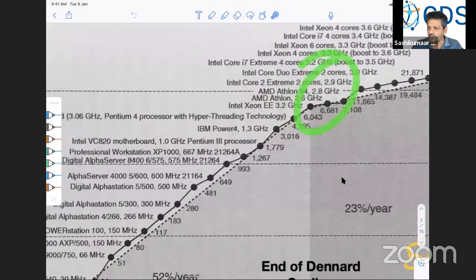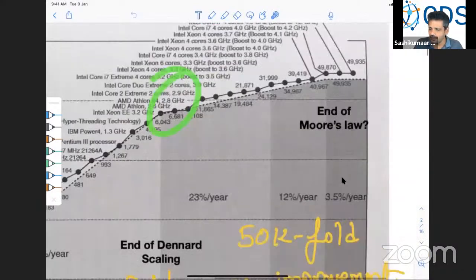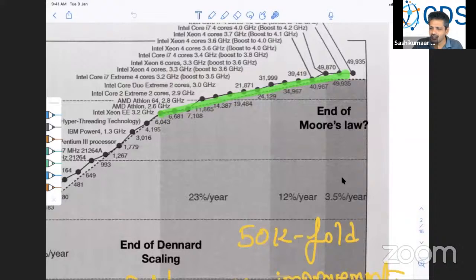But if you want to go beyond 3, especially post 2014, from 2004 up to the present years, the compute capacity of an individual processor, I'm talking only about a single chip, has not increased as expected.